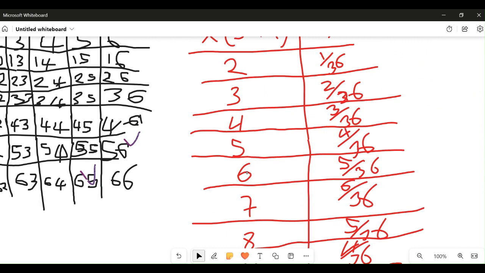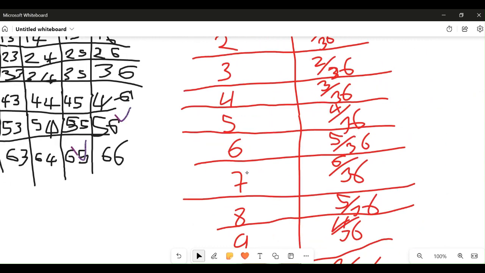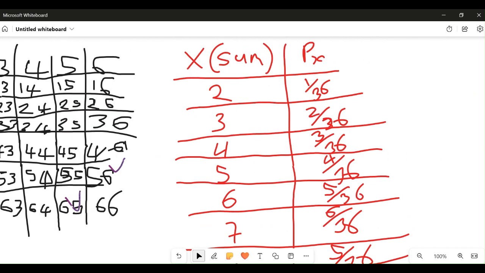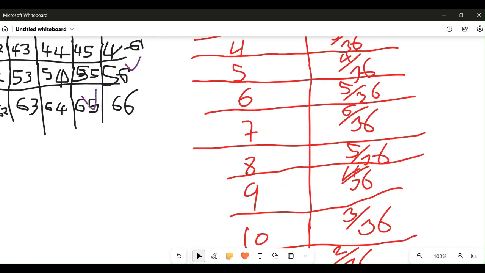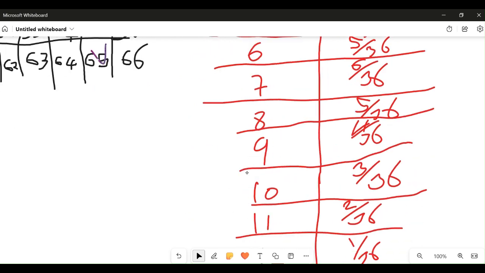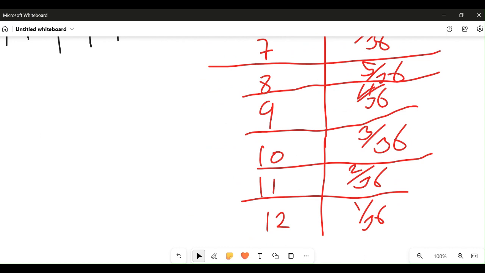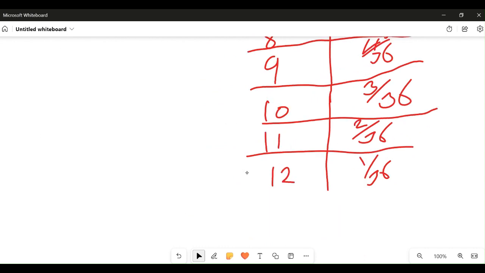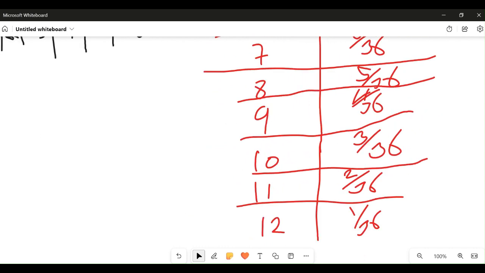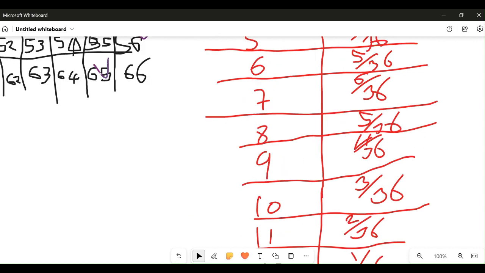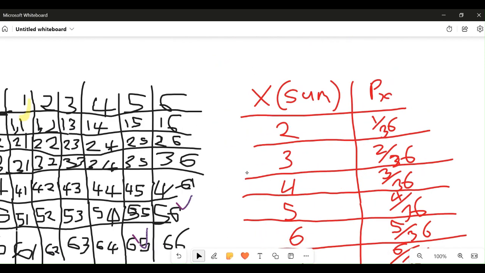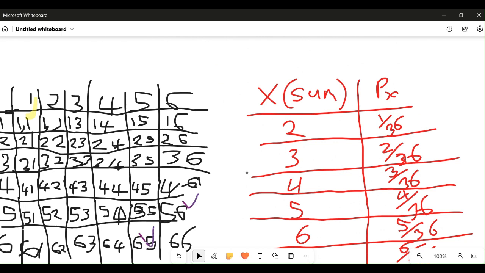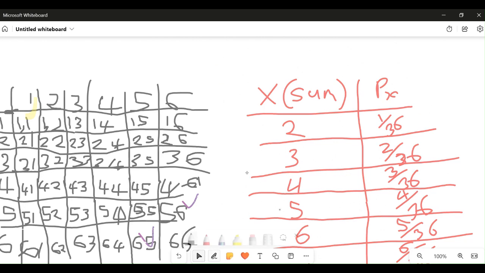All that is important is when you add everything together from 2 to 12, that is 1 over 36 plus 2 over 36 plus 3 over 36 plus 4 over 36 plus 5 over 36 plus 6 over 36 plus 5 over 36 plus 4 over 36 plus 3 over 36 plus 2 over 36 plus 1 over 36, the total will give us 1. This is a probability distribution table of flipping a dice twice.